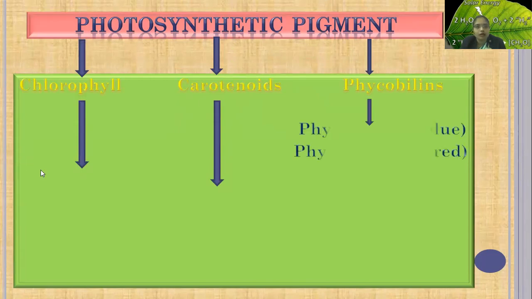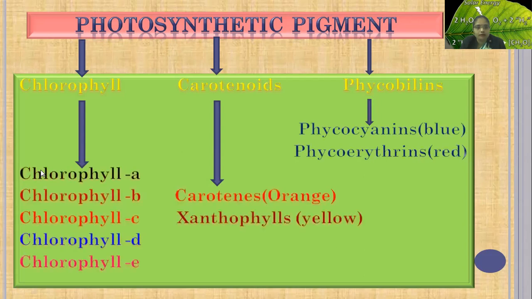First is chlorophyll: chlorophyll A, B, C, D, E, then bacteriochlorophyll and bacterioviridin. These are the types of chlorophyll.